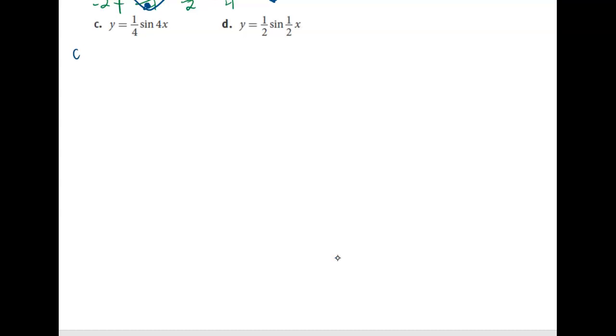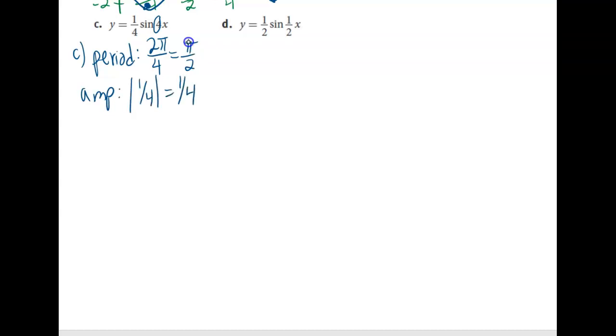So for C, I've got a period of 2 pi over B. B is that coefficient of x. So that's going to reduce down to pi over 2. Amplitude's the absolute value of A, so we get 1/4. Our midline is still y equals 0.